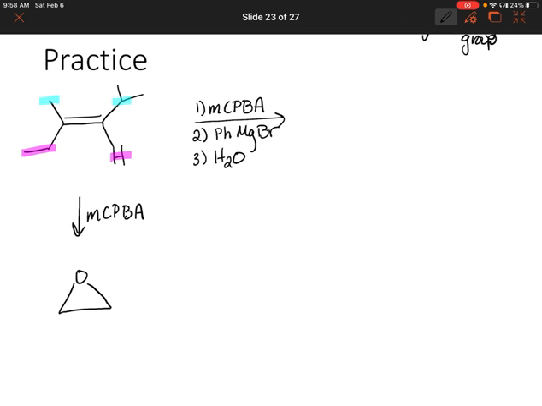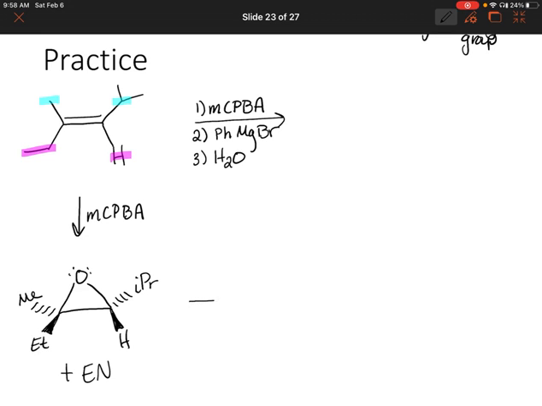Okay, so I'll just arbitrarily draw the ethyl group and the hydrogen as wedges, and then I'll show the methyl group and the isopropyl group as dashes. And here I'm abbreviating isopropyl as iPr. And remember, we're also forming the enantiomer of this structure because the epoxide could form below the plane of the double bond as well.